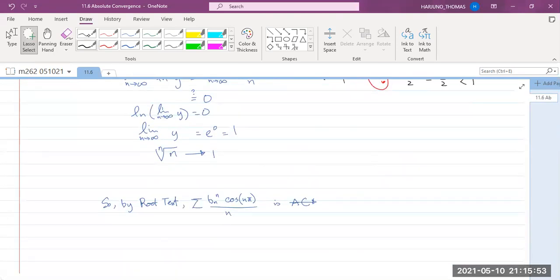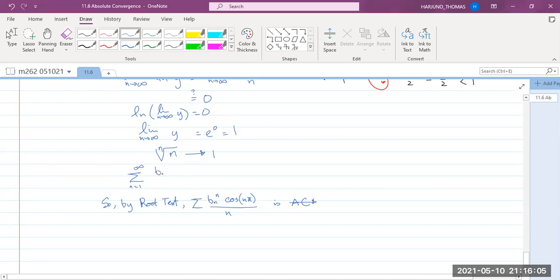I need to say that the series from 1 to infinity of b sub n to the n over n is convergent.